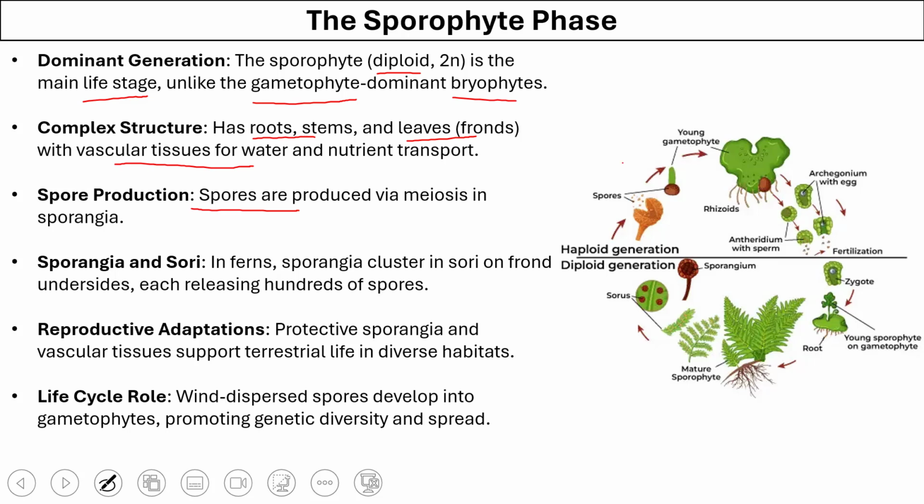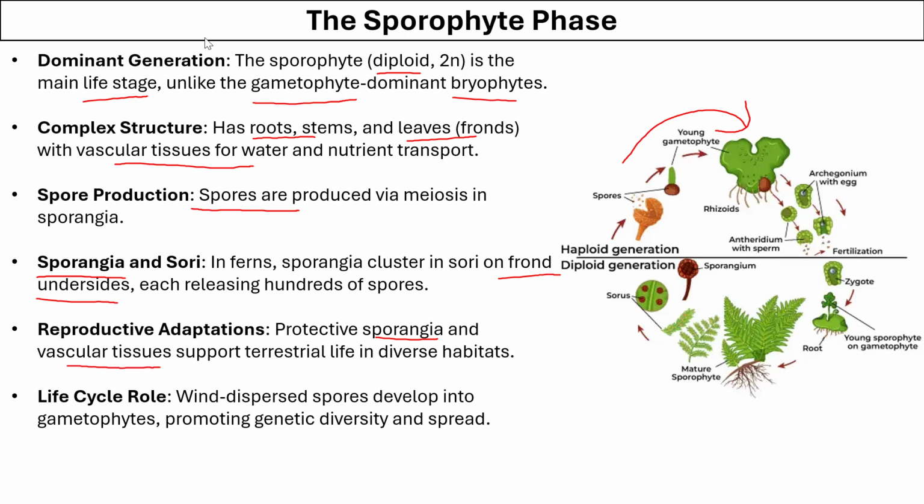These spores grow on to form the gametophytes, which are a haploid structure. The spores are produced in sporangia, which are present on the underside of these leaf structures called fronds. The sporangia protect the spores, and the vasculature gives these plants the opportunity to survive through terrestrial adaptation.